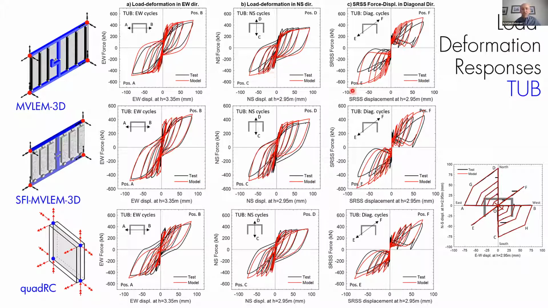The major difference that you can see is in the diagonal direction between these three models. If we start from the top, from this flexural model, you can see that it overestimates the strength by almost, I would say, 40% maybe, at this position E over here. So when the wall is pushed towards position E, and better results, but still a considerable overestimation in position F. The reason for this is that these two models, MVLEM and SFI MVLEM, use the plane sections remain plane assumption.